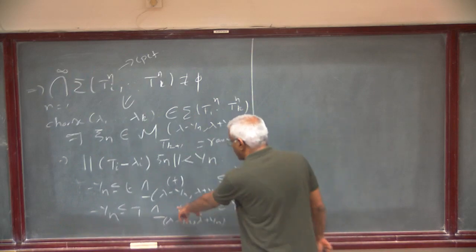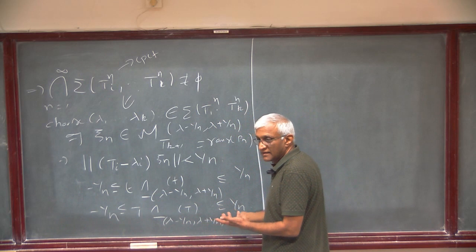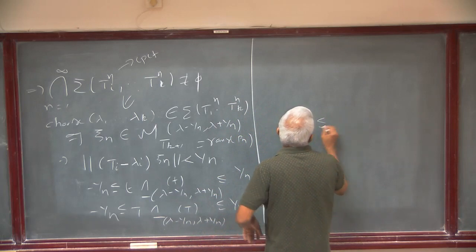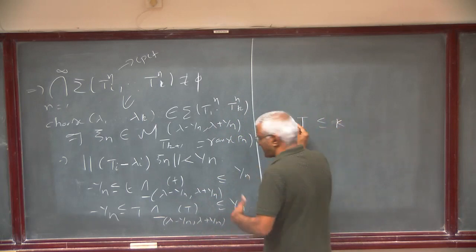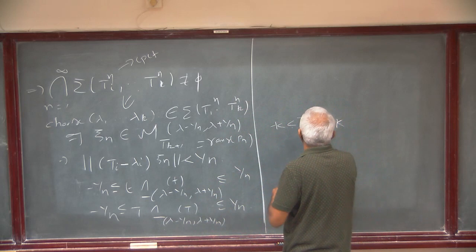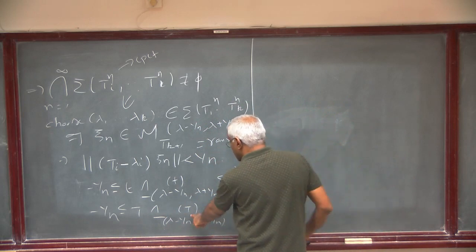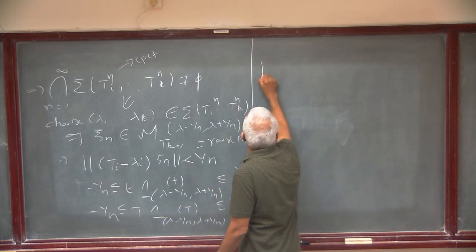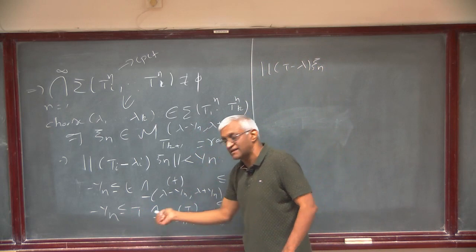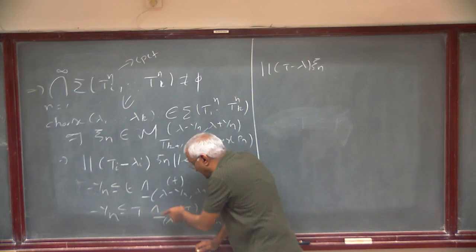This will imply that the norm of T minus lambda is less than or equal to 1 by n. We have already seen this: if some self-adjoint operator is between minus k and k, or any a and b, then the spectrum will be contained in [a, b] and the norm will be bounded by k. So this implies the norm of T minus lambda is less than or equal to 1 by n. Sorry, it is not true for the whole operator, it is only true for T multiplied with this projection.